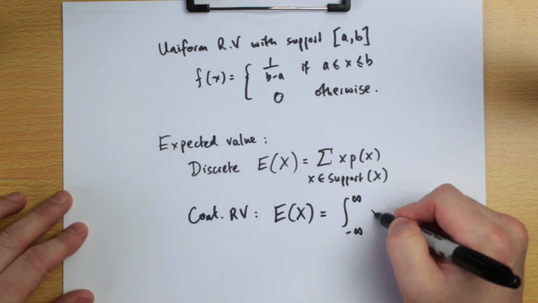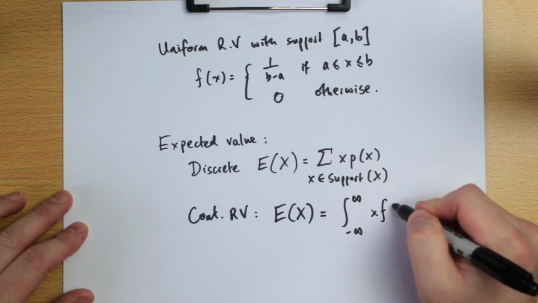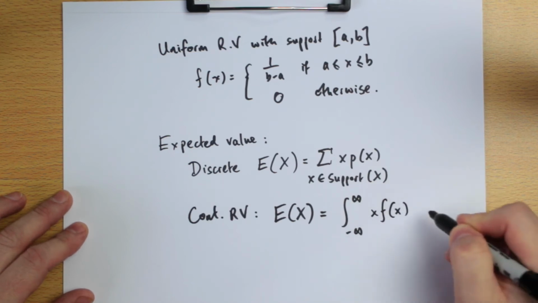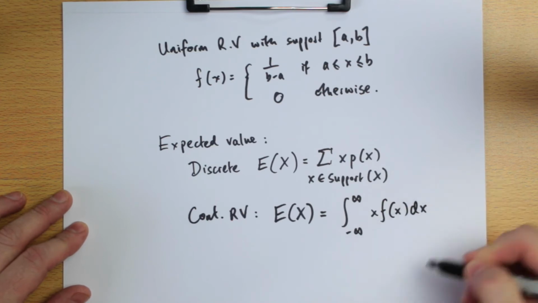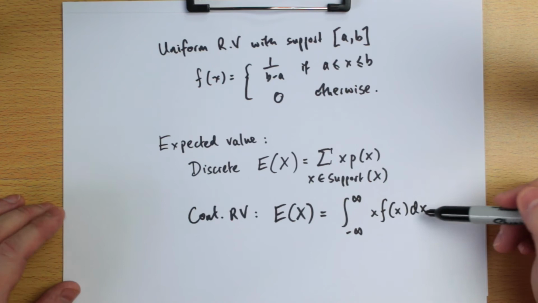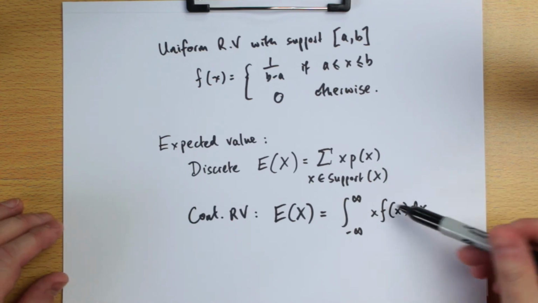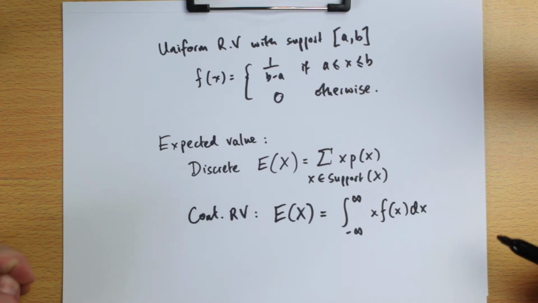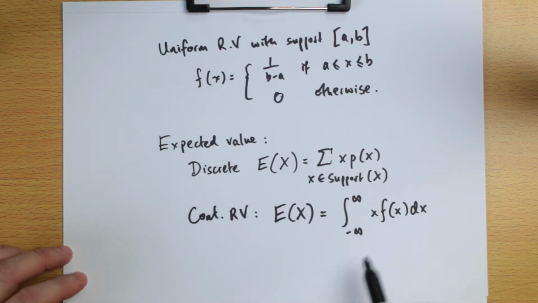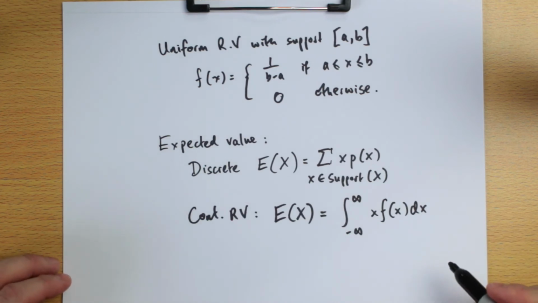And then I'm going to take each value x and weight it by the density function f of x, and then I vary x across that interval. So it's capturing exactly the same idea as the discrete case. We just have to use this idea of a density function when we're calculating expected value for continuous random variables.